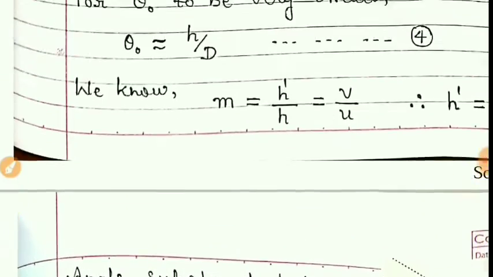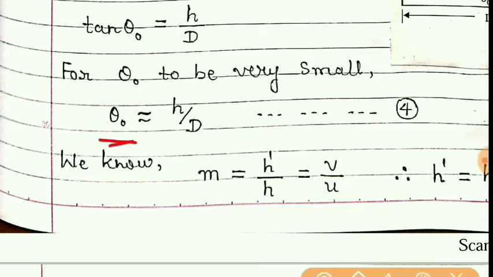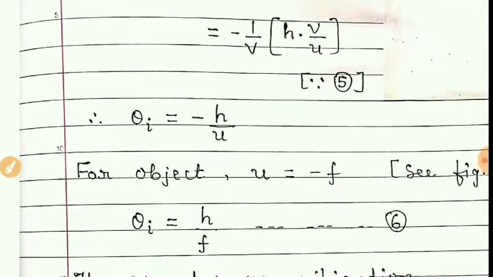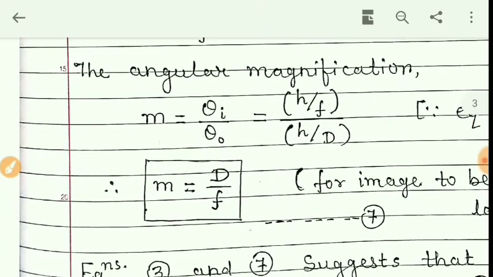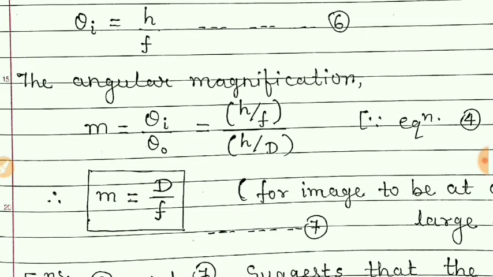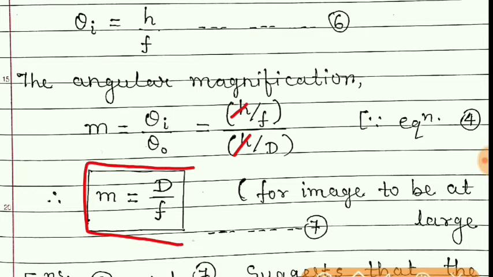See here, theta naught is h by d from equation 4. So putting this here and then simplifying, h will cancel and we'll get d by f.